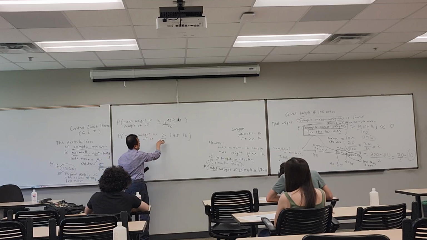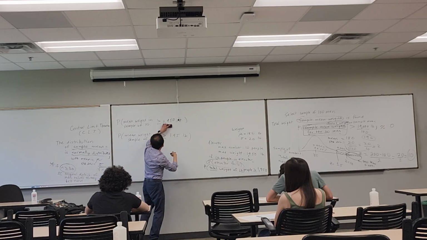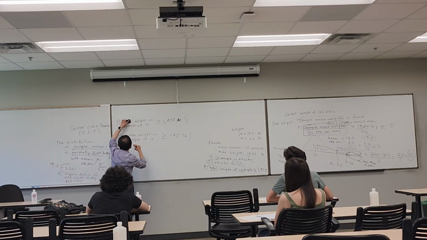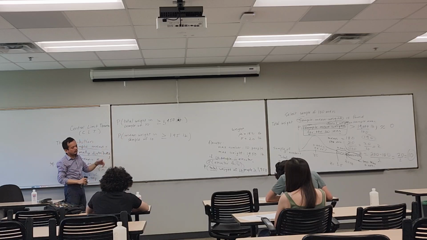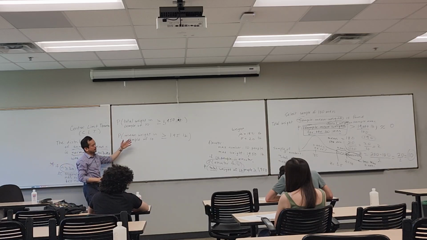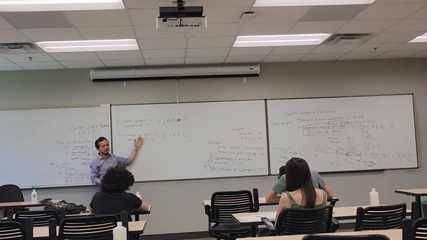It'll be more instructive if I change the first one to this. So these two are the same probability, really. And then the second probability, because we're dealing with the probability of a sample mean relative to a number, now we can use the central limit theorem directly.